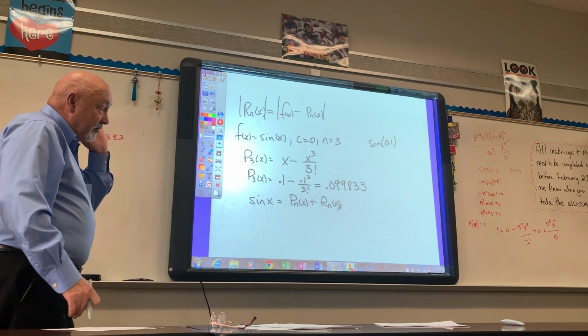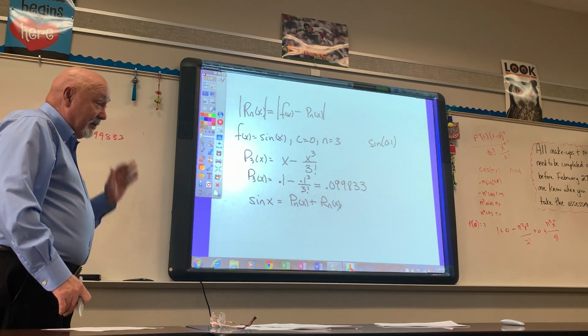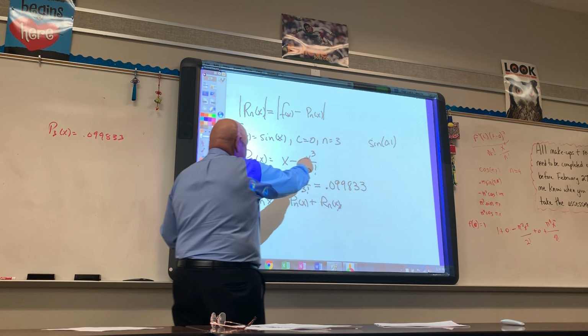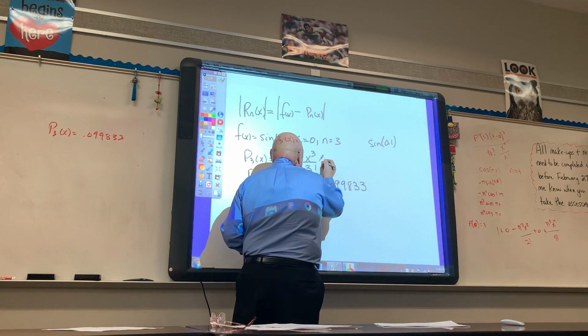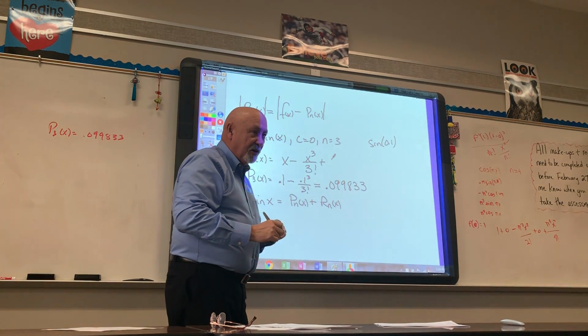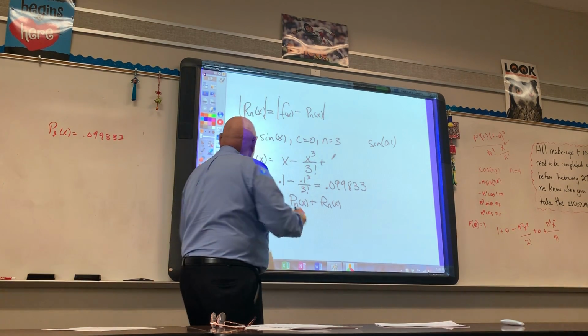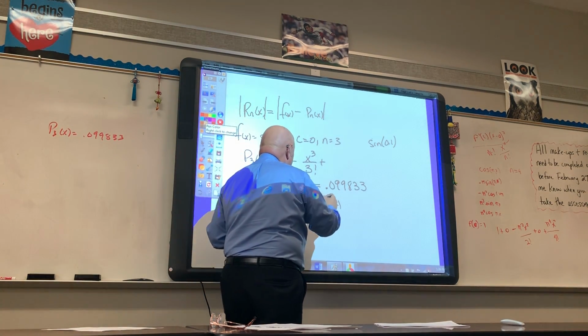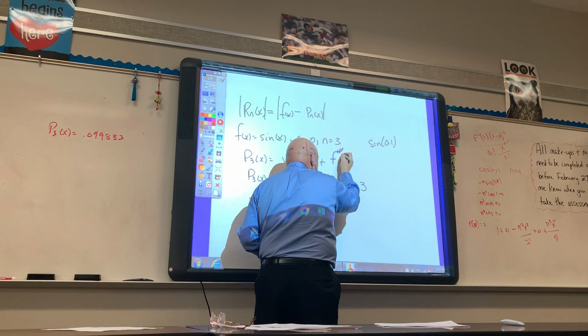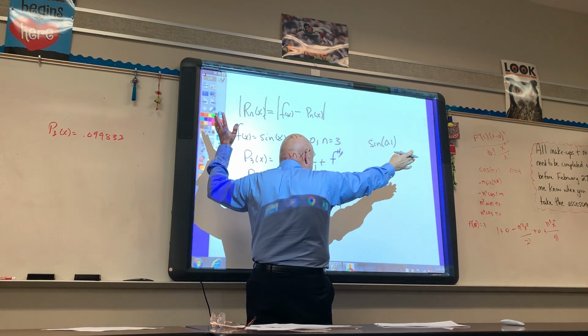Now I need to define for you what the remainder is. We have three terms. The very next term would be the fourth term, which is f of 4, with that long definition you remember.